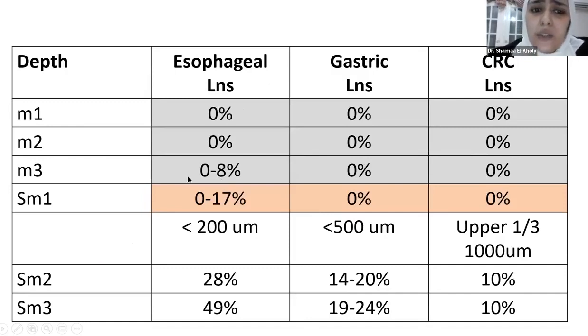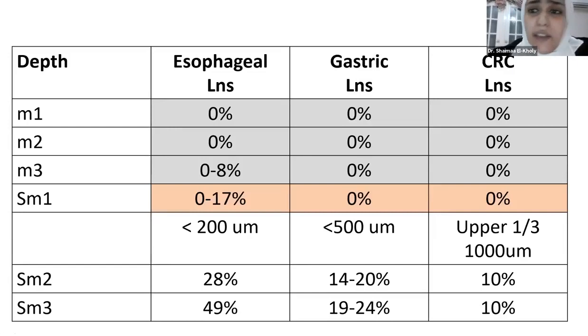When it comes to the esophagus here, maybe the incidence is a little bit higher. So when you go to SM1, you find that the incidence of lymph node invasion is a little bit higher. It can reach 17%, provided that it's 200 micron. And for the gastric, it's 0%, but it's 500 micron. And for the colon, it is the whole SM1.